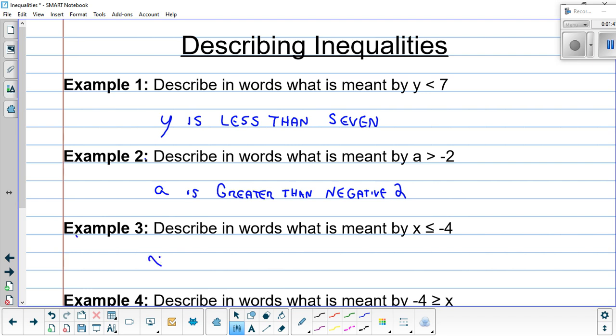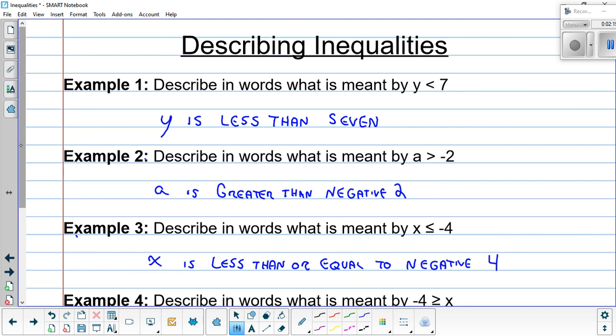So same thing, x, and we're starting to see that we need that "is" all the time: x is less than or equal to -4.